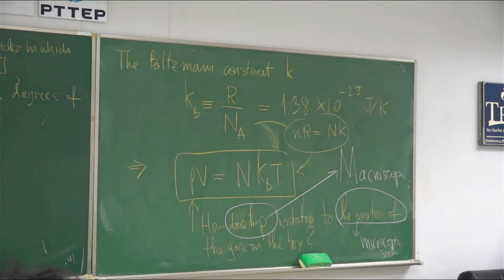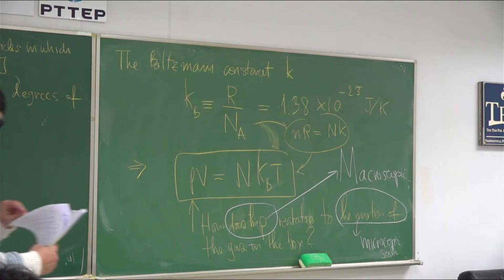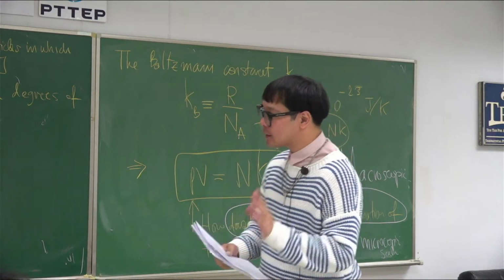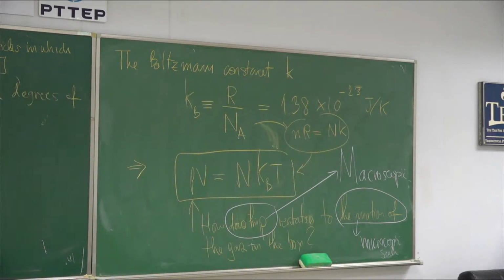Then okay, but I think I'll stop now. Is that okay? Because otherwise it's going to take long. So next time we're going to look at the Maxwell distribution, or the kinetic energy of gas, actually.